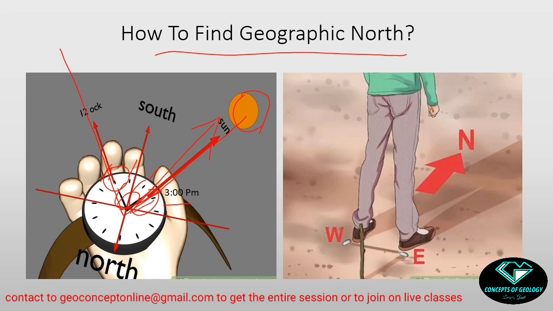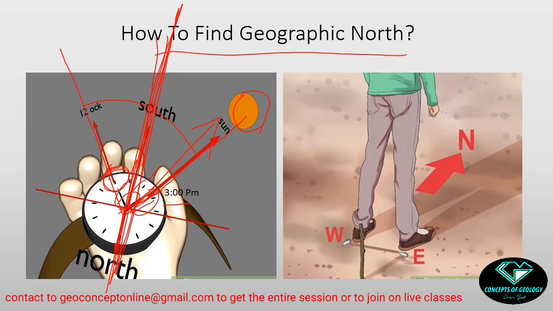Place the hour hand directed towards the sun and find the 12 marking on the dial of the wristwatch. Find the angle between them. Okay, try to bisect the angle by an imaginary line. This imaginary line will be the north-south line on the area.